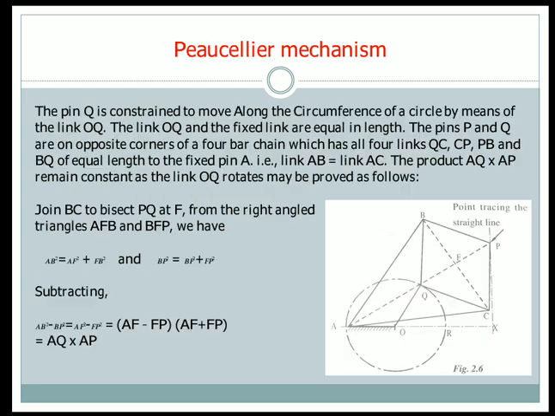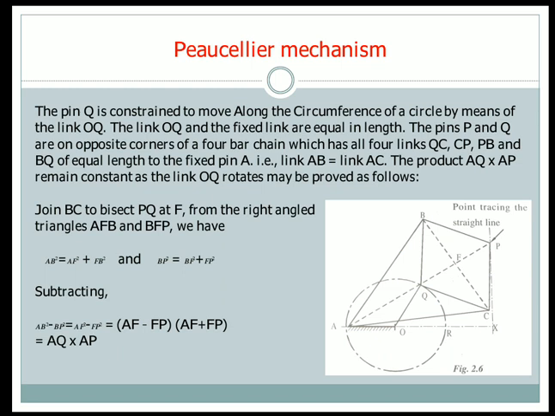Now we shall see how the Peaucellier mechanism works. In the figure the mechanism is shown. Here it consists of links: OA is fixed, and there are many links: OQ, AB, AC, QC, QB, BP and PC. We shall see the pin Q is constrained to move along the circumference of a circle by means of link OQ.